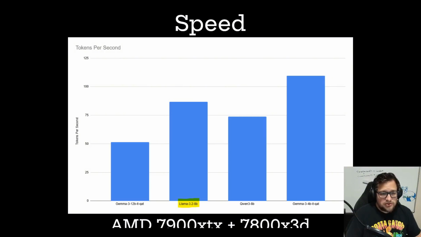The 8 billion, you can kind of see there, I've got the Qwen3-8B, and I've got the Llama 3.1-8B. And both of those are about in line. Actually, the Llama 3.1-8B is slightly faster. Qwen3-8B is slightly slower. And then I actually tested the Gemma 3 4B QAT model too. And that thing is blazing fast, but it's not that great of a model.